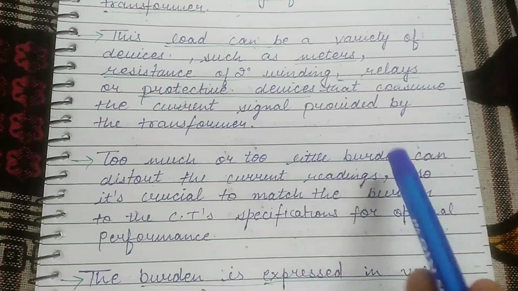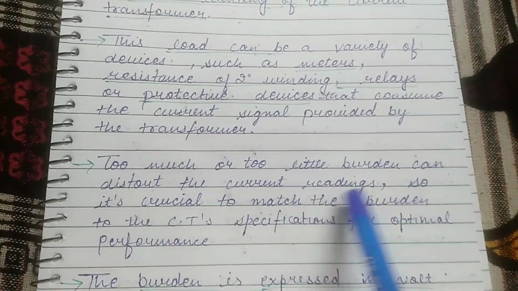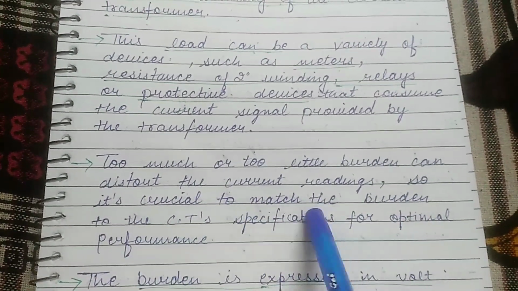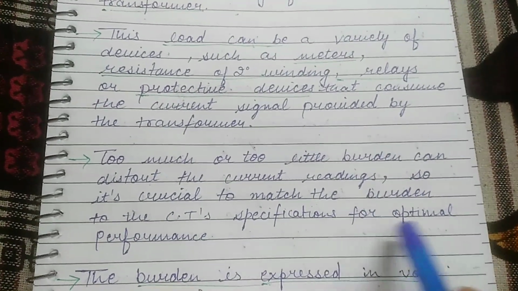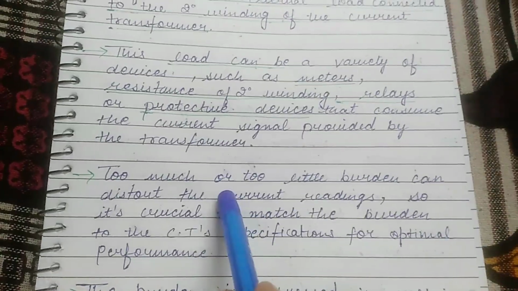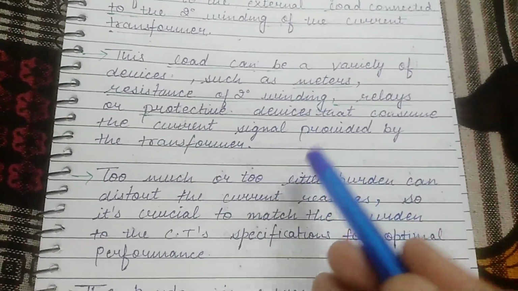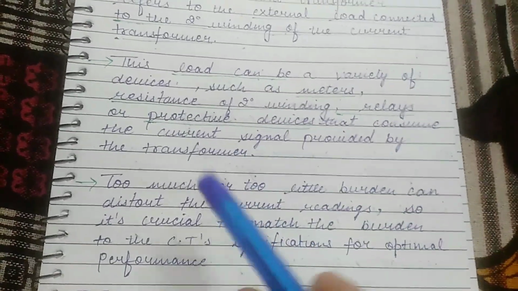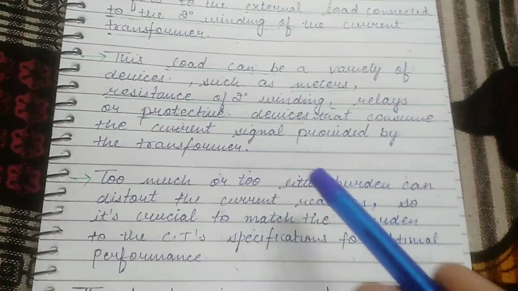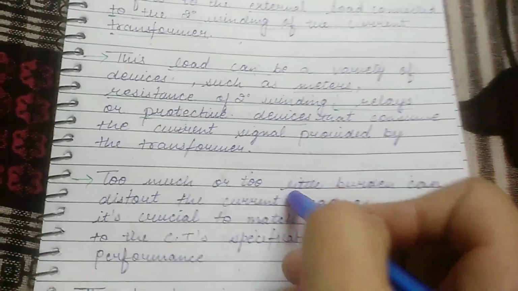Too much or too little burden can distort the current readings, so it is crucial to match the burden to the current transformer specifications for optimal performance. Too much or too little burden can mess up how accurately the current transformer measures current. So it is important to have the right amount of burden to get accurate readings.